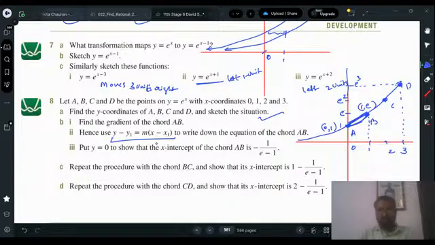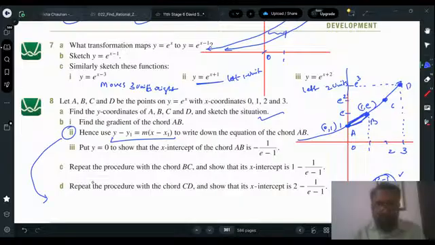But what is the slope? Slope is the difference in y over the difference in x, which is e minus 1 by 1 minus 0. It is the slope.